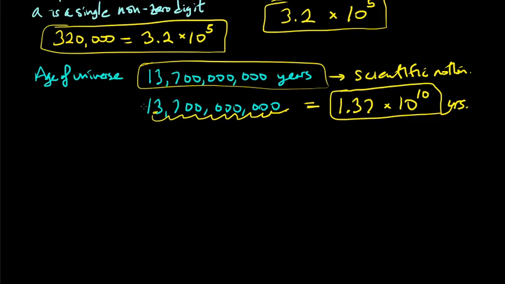Okay, so numbers get even bigger than that, of course. And so here's a good example of that, right? The number of, let's say, molecules of gas in your room, right? Wherever you are right now, you're in some room, presumably.